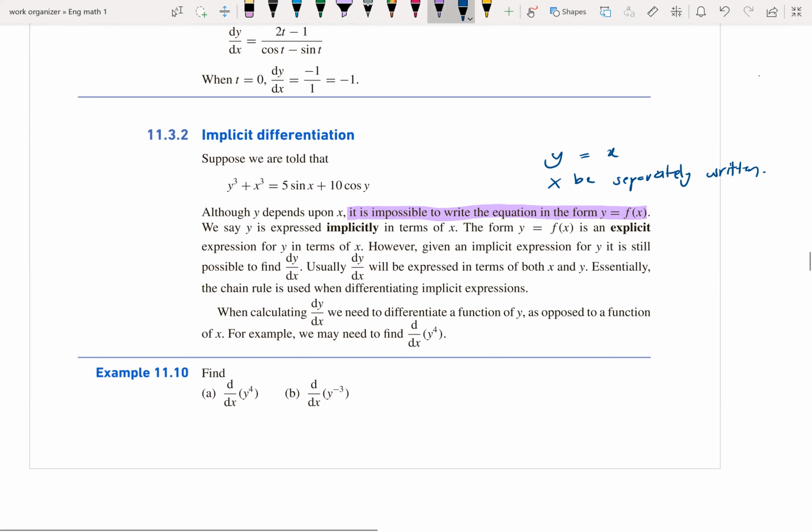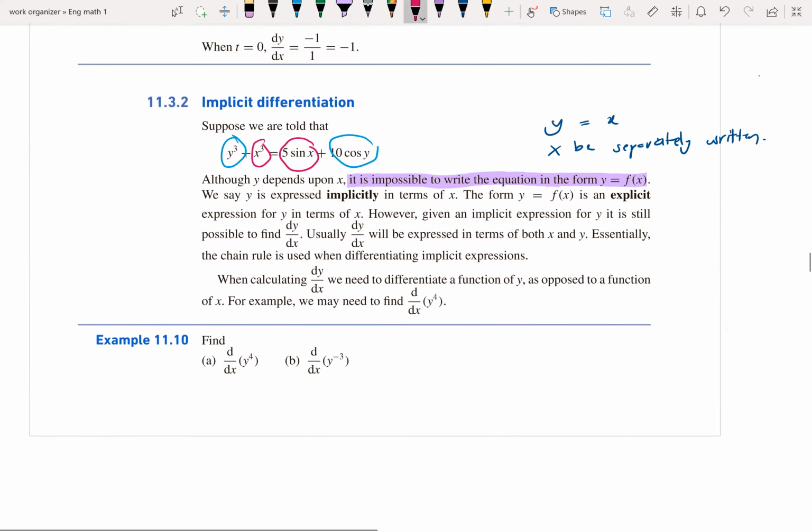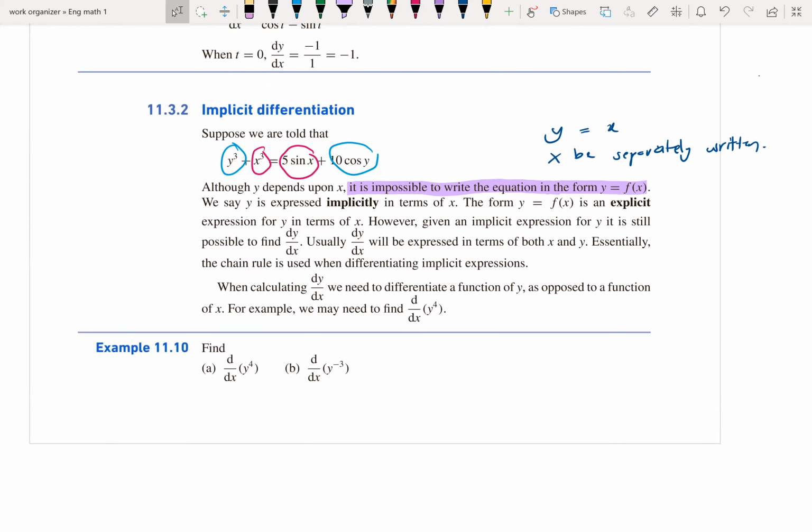We have y here and y there, so we cannot separate y and x. We say y is expressed implicitly in terms of x. If it can be separately written in this form, it is called explicit.